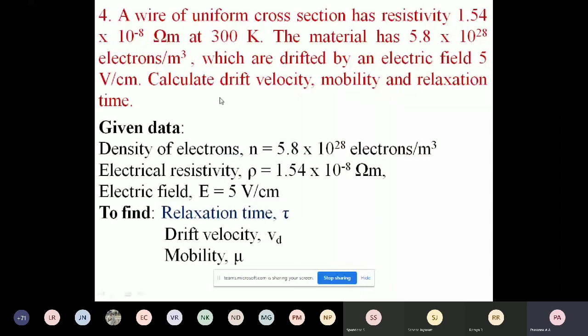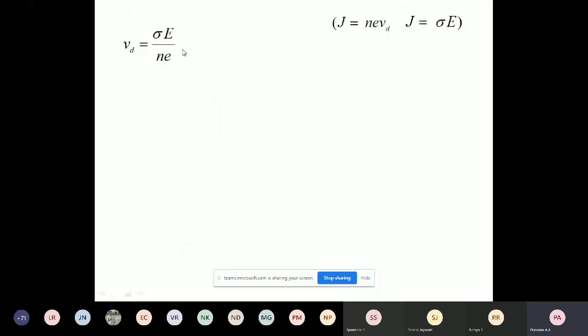You have to calculate sigma by taking the reciprocal of the resistivity, because sigma is electrical conductivity. Otherwise, in this equation itself, you can write Vd equal to E by rho Ne. So directly you can substitute rho value, N value, e charge of electron. Electric field is given directly. It is 500 volt per meter. Substitute them and then calculate the answer. You will get 0.7 meter per second.